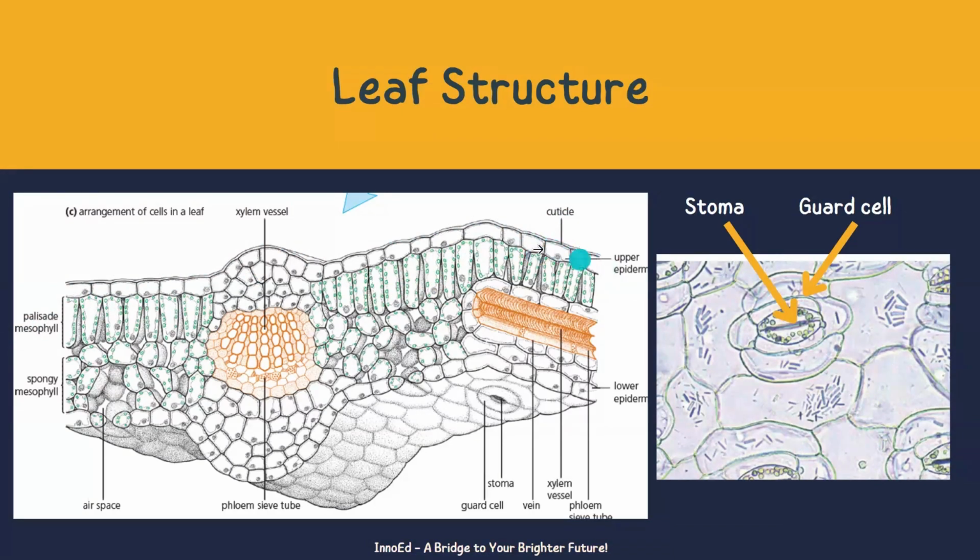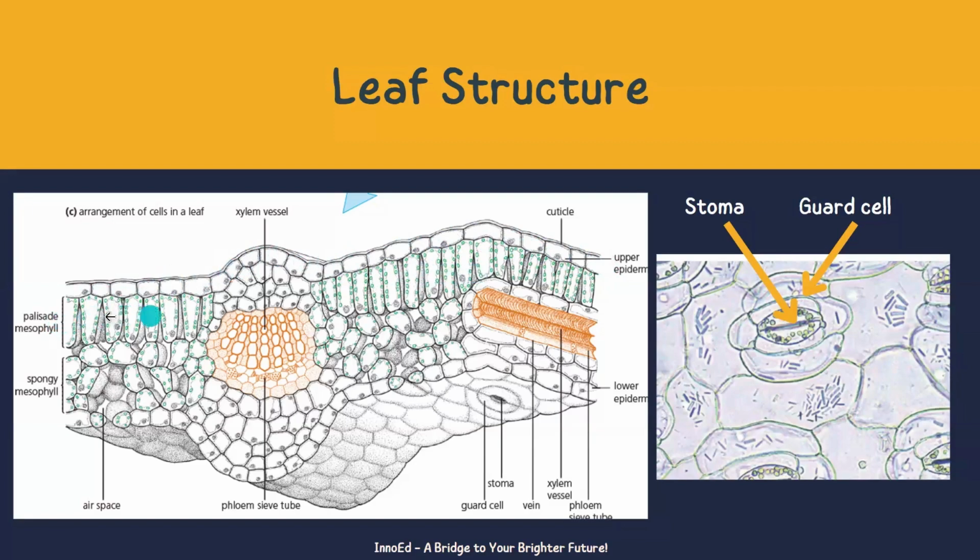So the upper epidermis cells are here. You can see those are quite clear, so that they look transparent and they do not block the absorption of light by the cells beneath them.